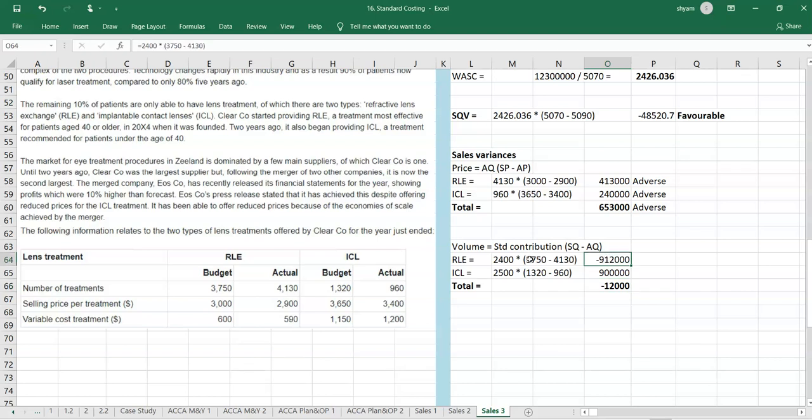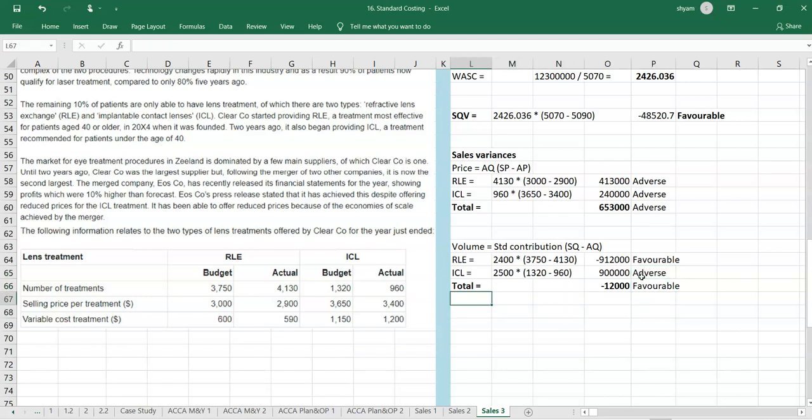They should have sold this much, they have sold higher. Okay, they have sold higher, so it is favorable. Overall also it is favorable, and this one alone is adverse.